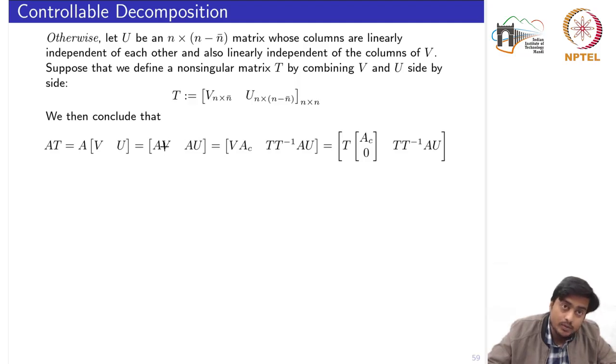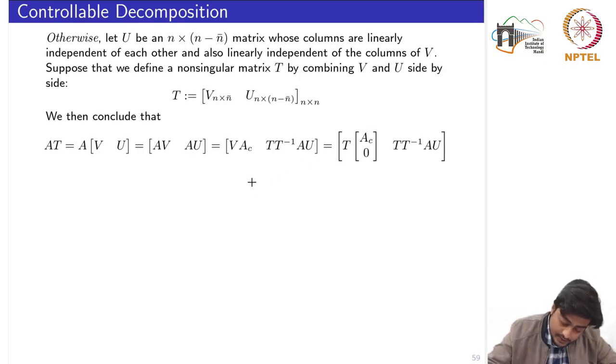AV, by using that property, I can write as V into AC. And since T is non-singular, T into T inverse would be an identity matrix. So I have replaced the identity matrix by T into T inverse in the second part.